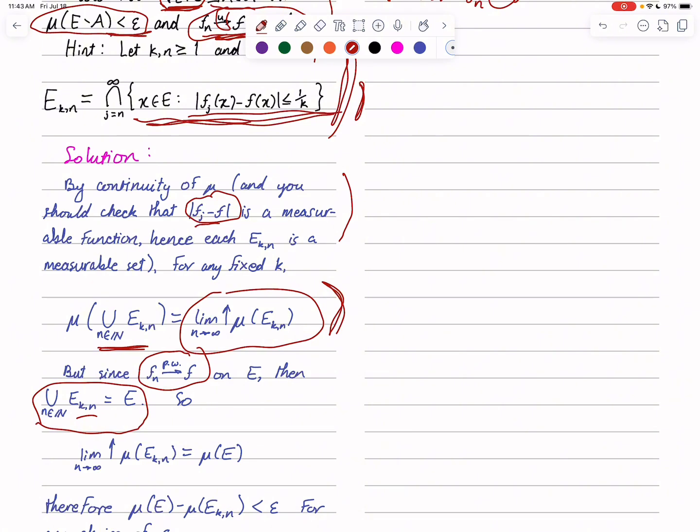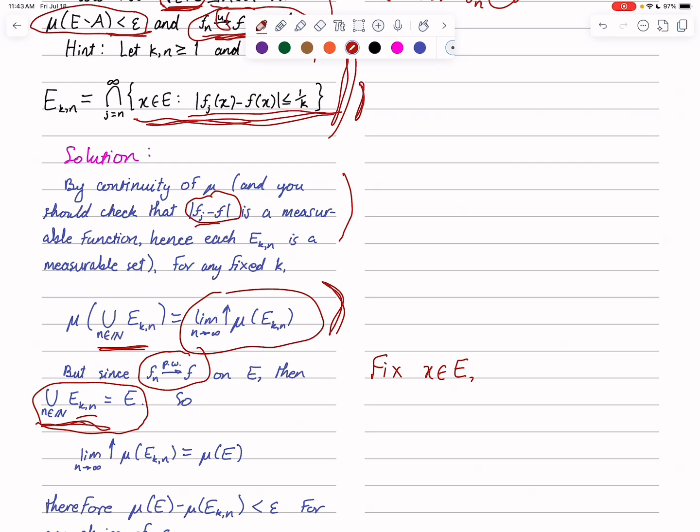And so if you pick any particular x, let's justify this, fix x. I claim that if you set n large enough, then eventually x will be in one of these sets E sub k comma n.